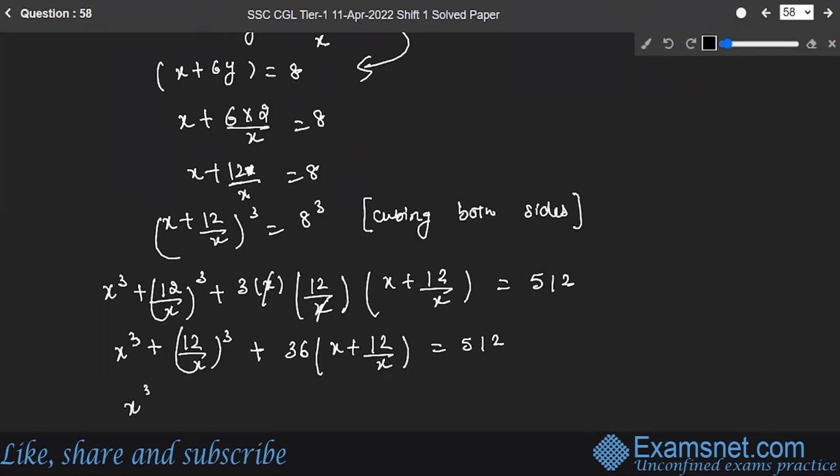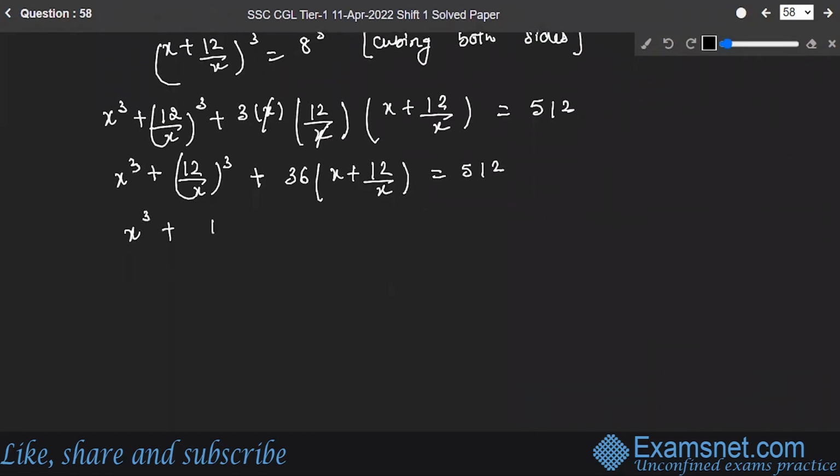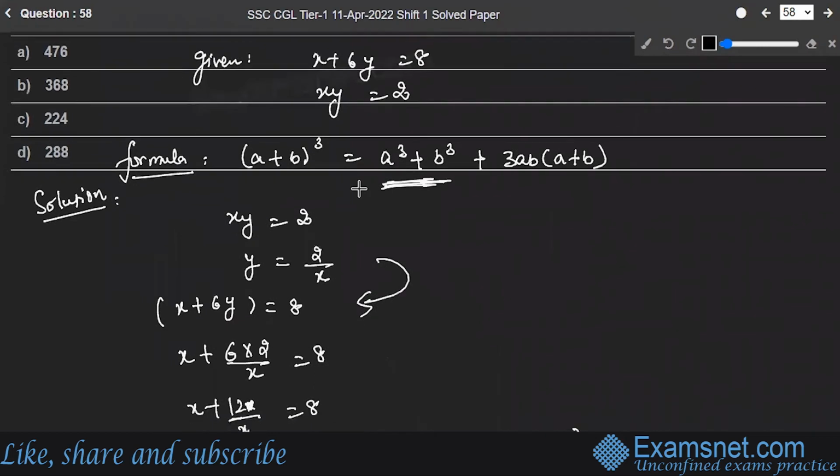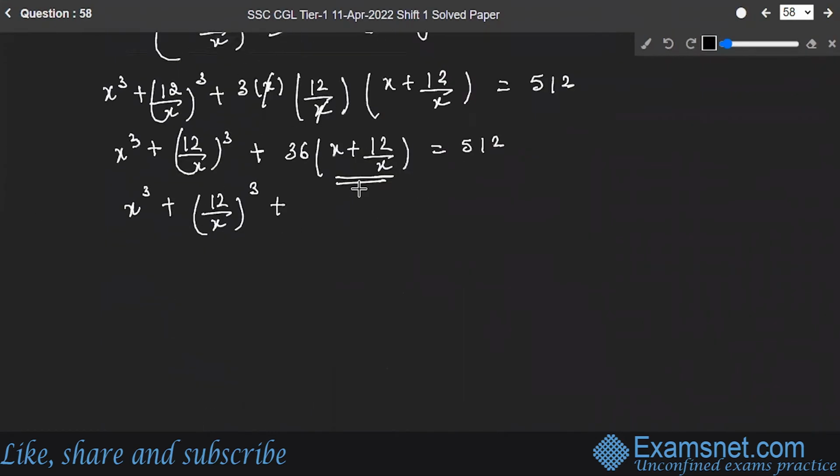So x cube plus 12 upon x whole cube plus, now what was this equal to? This was 8, right? x plus this value was equal to 8. So I'll fill in the 8 over here.